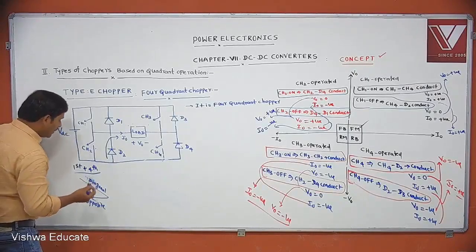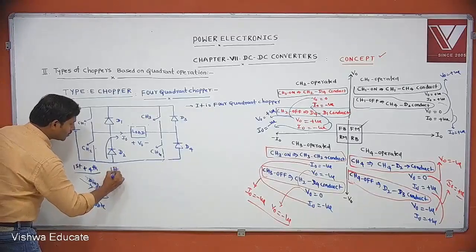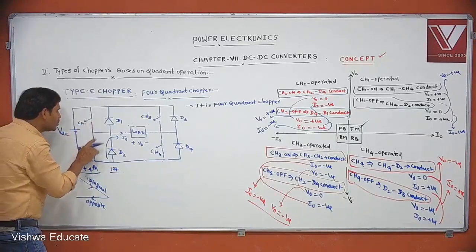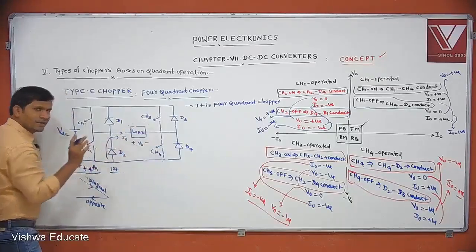For example, in the first quadrant, start from this, and remember it as it is. This is the first quadrant chopper, second quadrant, third quadrant, fourth quadrant, like that you remember.